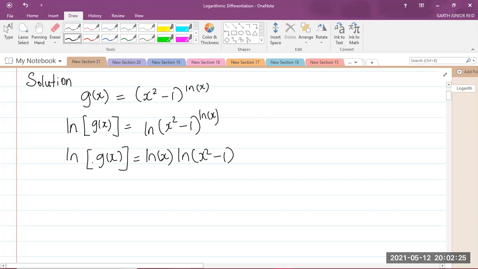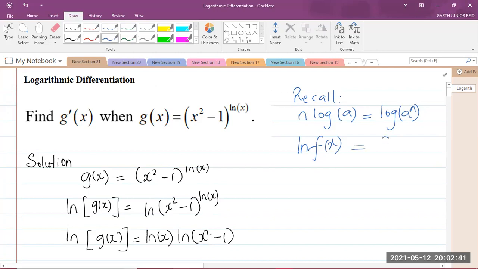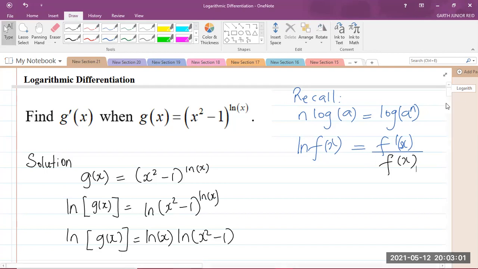When I differentiate the ln of g of x, recall that if you're given the ln of some function f of x, then the derivative is f prime of x divided by the original function, f of x.